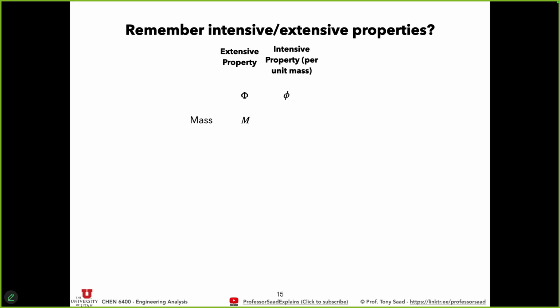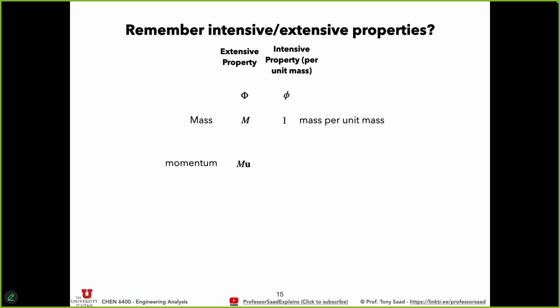So mass, the extensive property, is m. The intensive property corresponding to mass is mass per unit mass, and that is essentially 1. For momentum, the extensive property is mass times velocity.